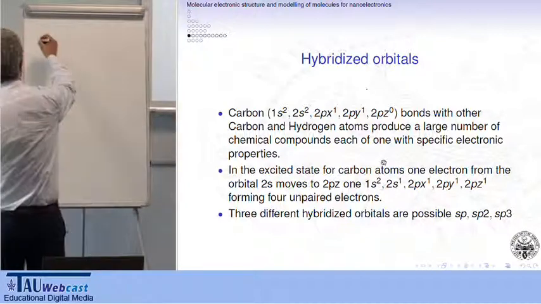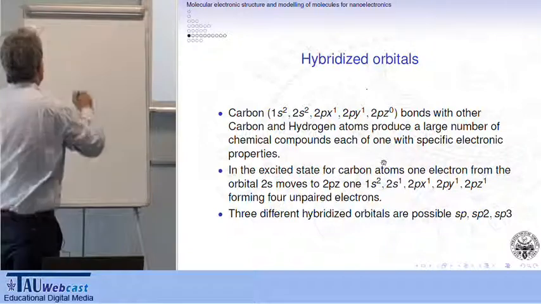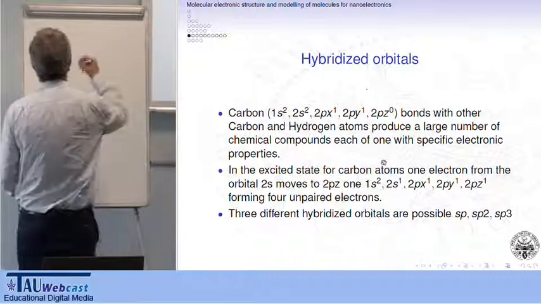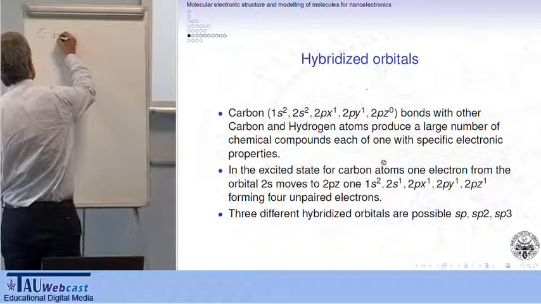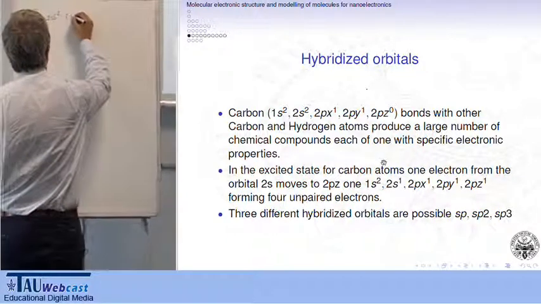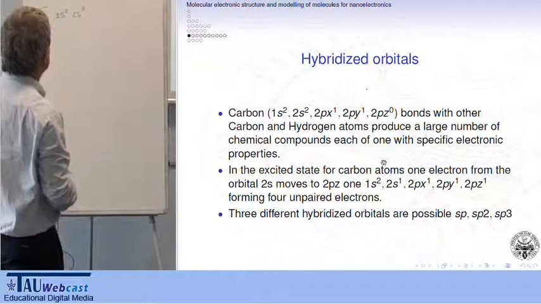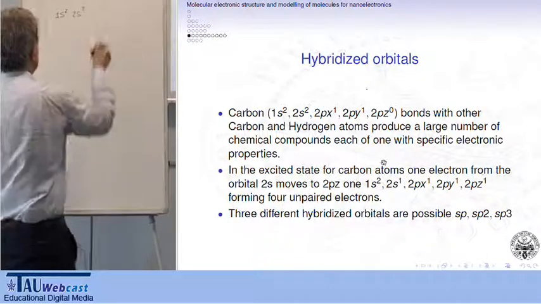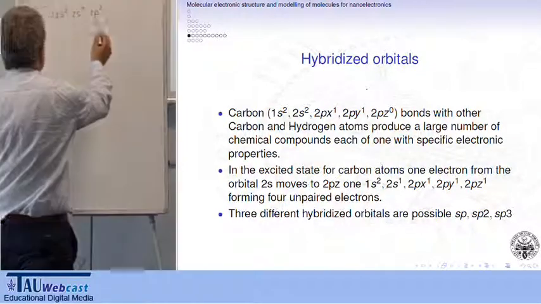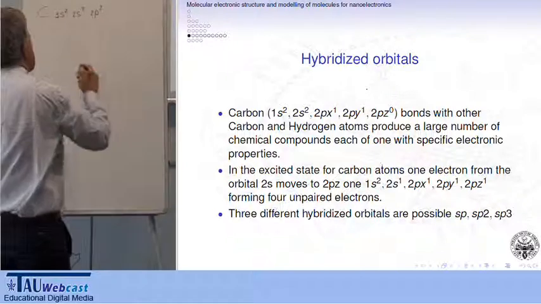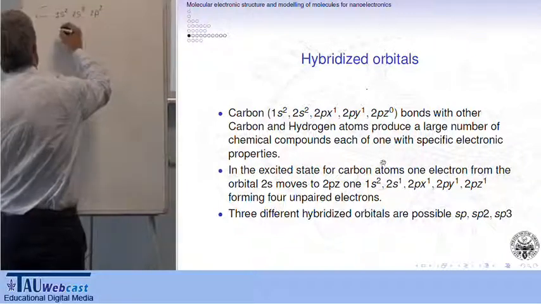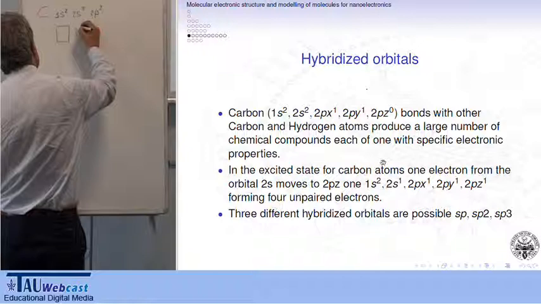For carbon, with 6 electrons, you have a very easy electronic configuration, because you have 2 electrons for the 1s orbital, 2 electrons for the 2s orbital, and generally you can write 2p2. But if you look with more care at the p orbitals, they could be represented in this way.